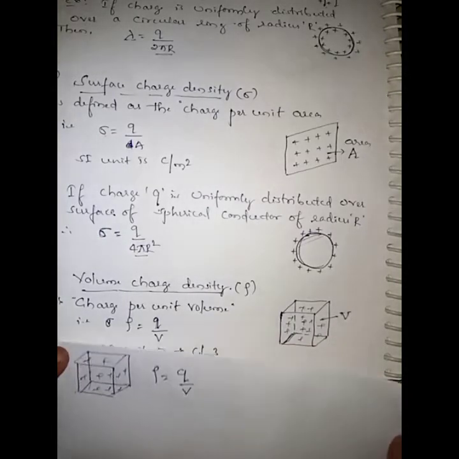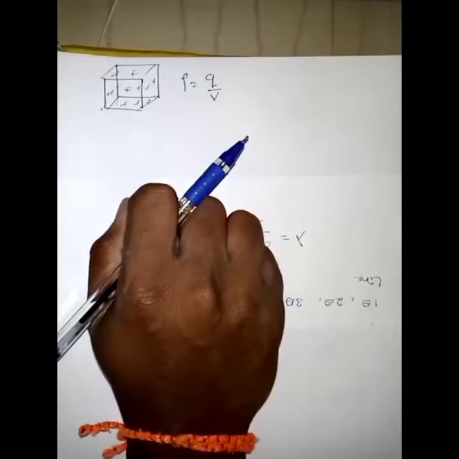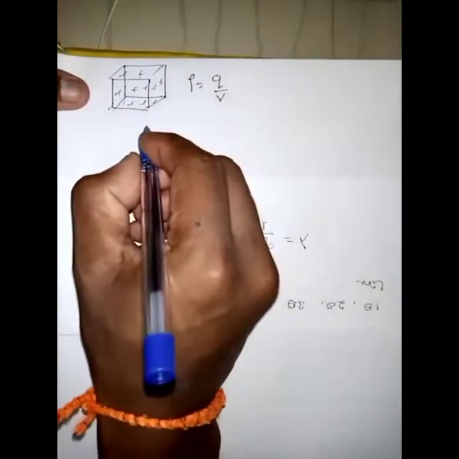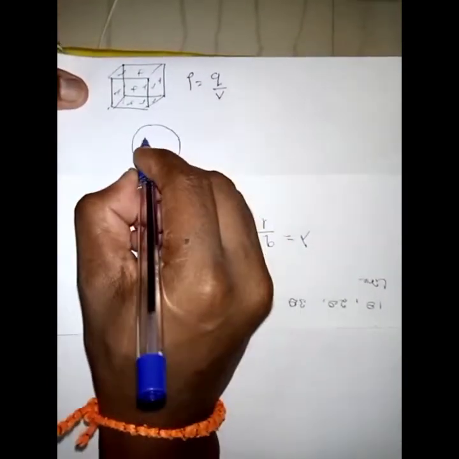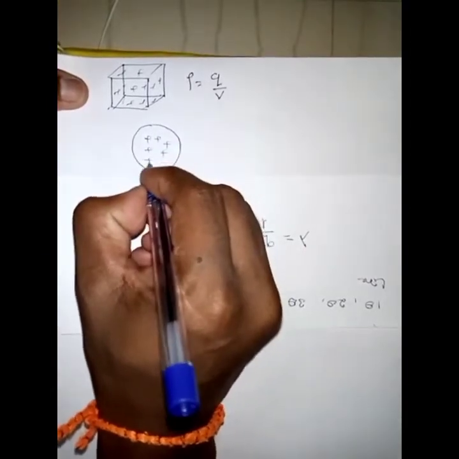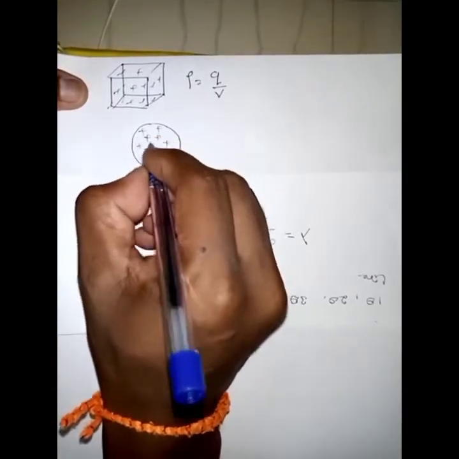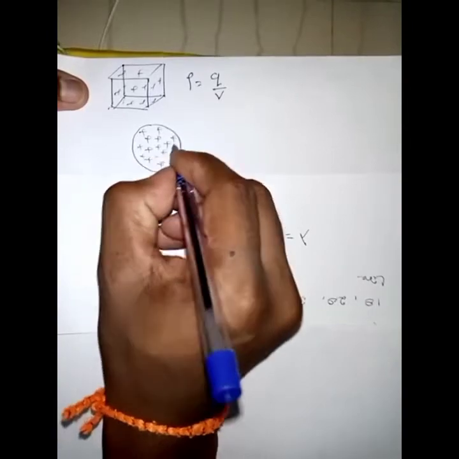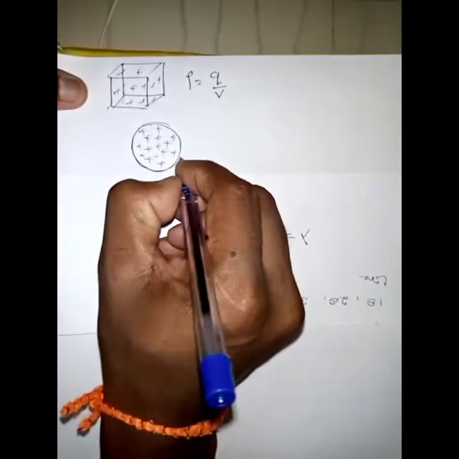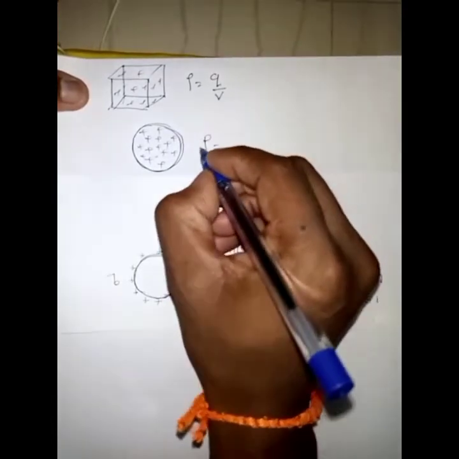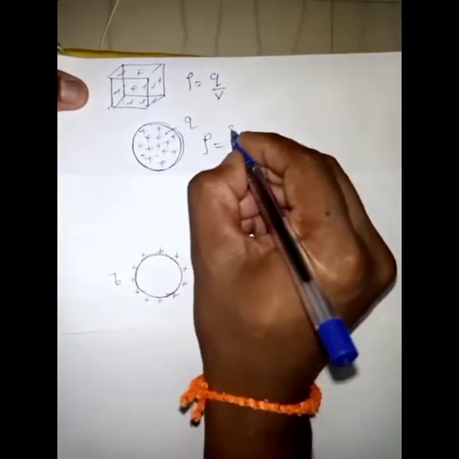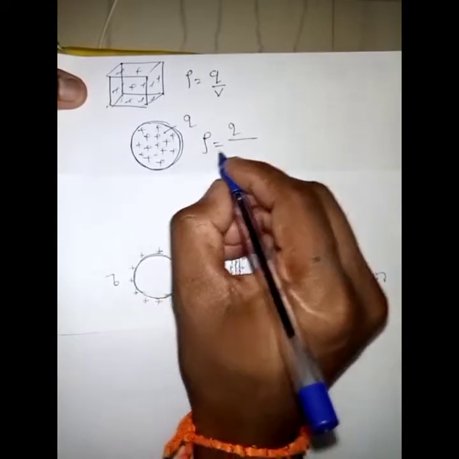Take one example. Consider a spherical body and place charges. Q is the charge distributed over the entire sphere. Now the volume charge density is the charge Q divided by the volume.